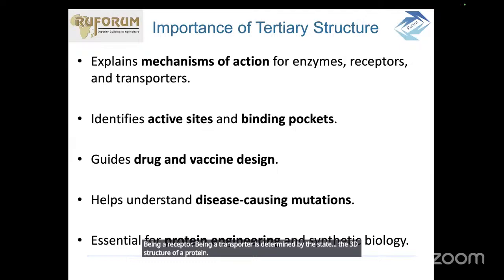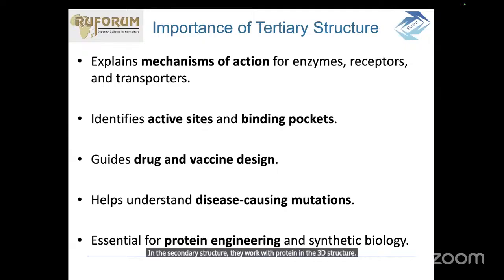And then the active binding site, or the pockets of that protein, is determined by the 3D structure. The people who work with drugs in pharmaceutical companies or who design vaccines, they always work with protein in a 3D structure. They don't work with protein in a primary structure, that's the amino acids, or in the secondary structure, but they work with protein in the 3D structure.